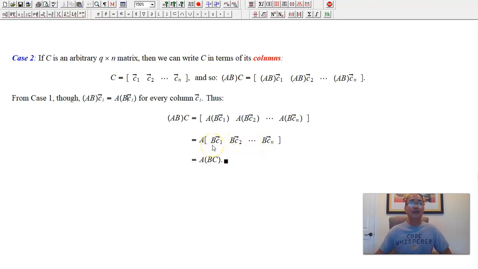That is also in the form of a matrix product. You have the columns of C, each of which is multiplied by B on the left. So this matrix is exactly the same as the product B times C. Oh, there you go. You have A multiplied by the quantity B times C on the right. On the left, you have A times B first multiplied by the matrix C. That's the associative property.